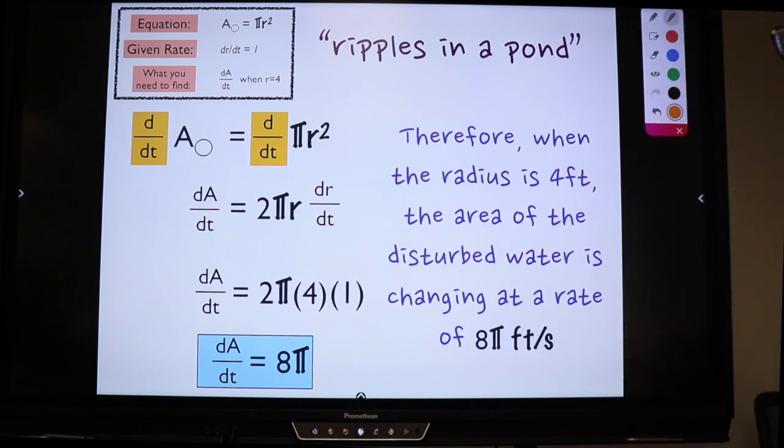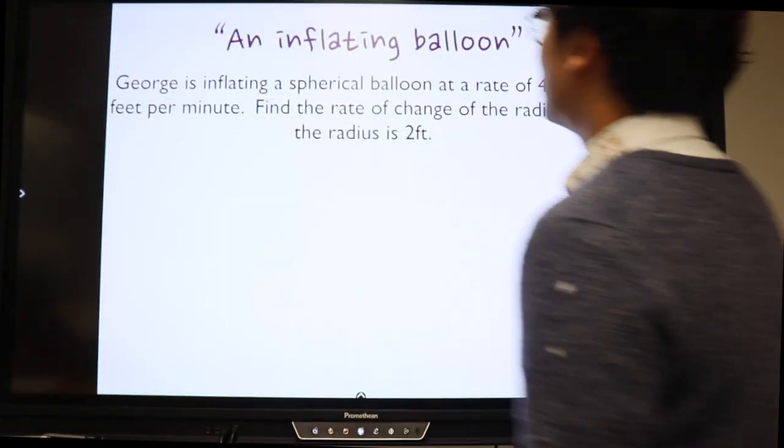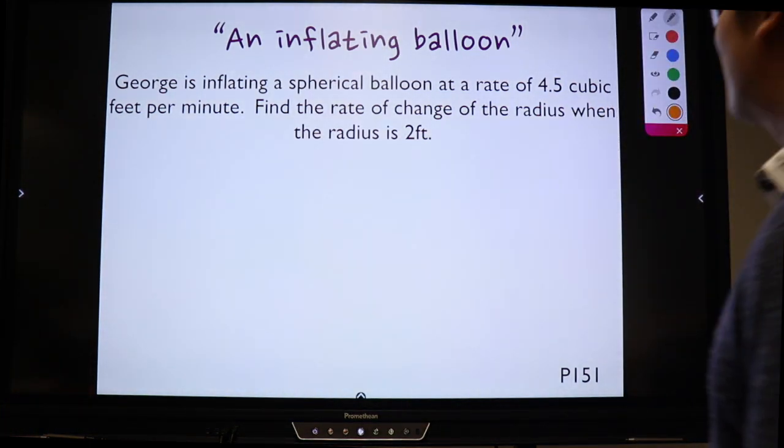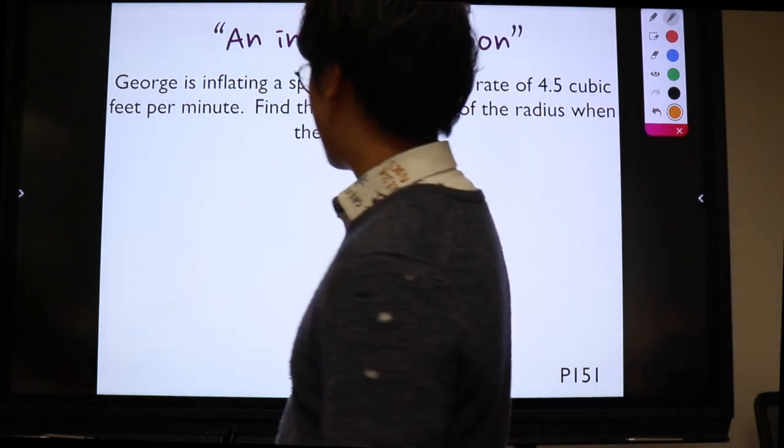So when the radius is 4 feet, the area of the disturbed water is changing at a rate of 8 pi feet per second.